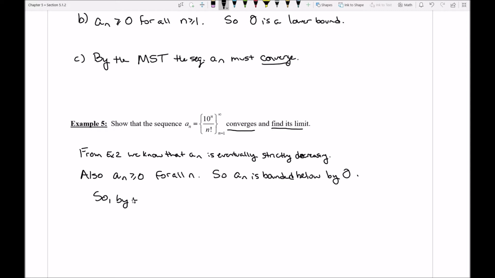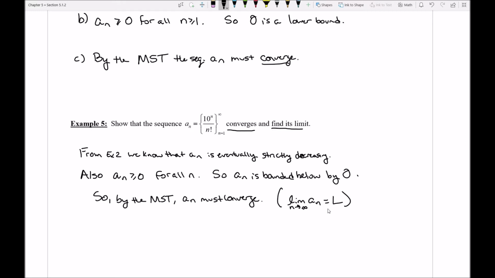So, by the monotonic sequence theorem, a sub n must converge. Of course, what that really means is that when I take the limit of a sub n, I know there has to exist some answer.